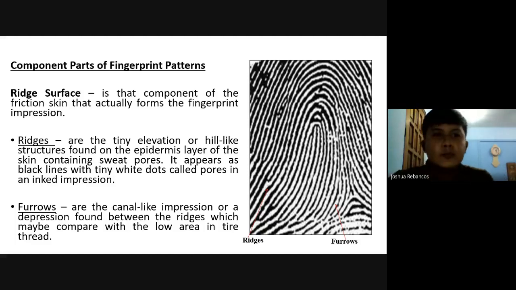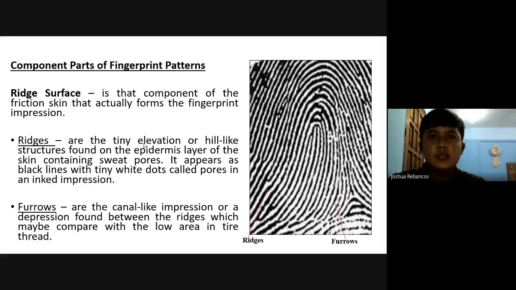Kung titignan nyo, itong ridges and furrows, meron silang distinction. So ridges are the tiny elevated or hill-like structures found on the epidermis layer of the skin containing sweat pores. It appears as black lines with tiny white dots called the pores in an ink impression.